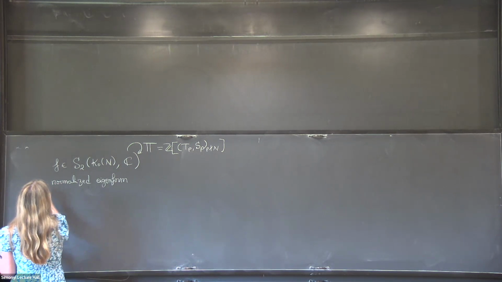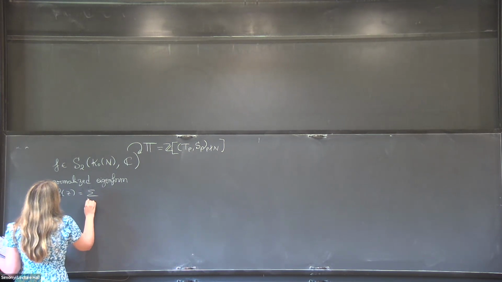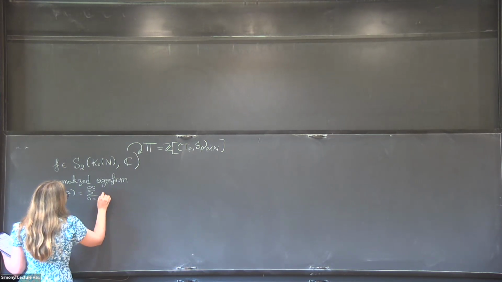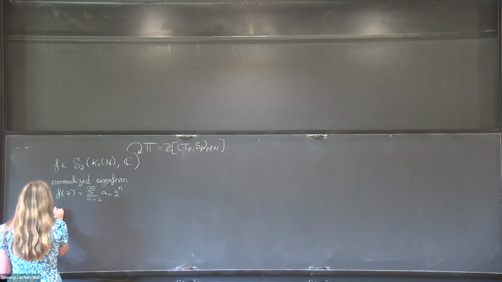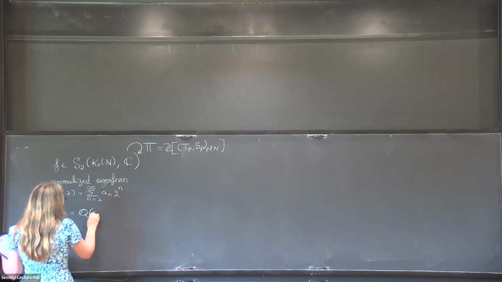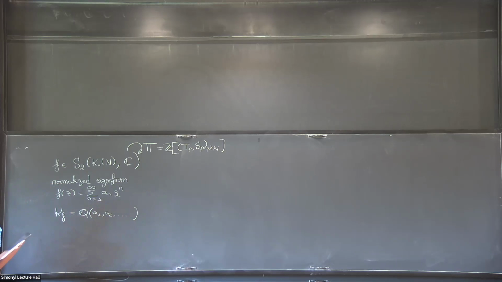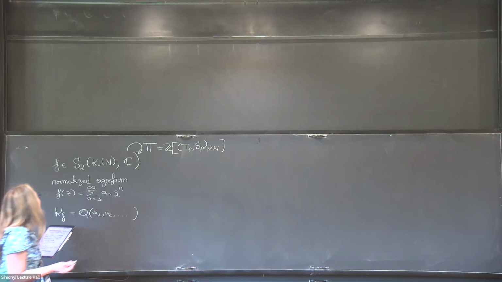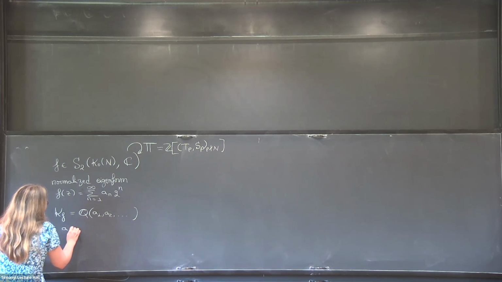And then you can write f(z) as the sum from n equals 1 to infinity of a_n q^n. The first thing that we talked about was that if you look at Q and you adjoin all these Fourier coefficients, which also happen to be Hecke eigenvalues, then what you get is a number field, so a finite extension of the rational numbers.